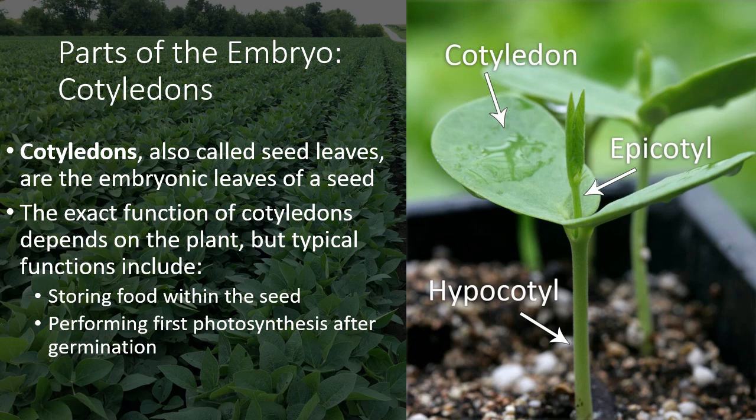The cotyledons typically have one of the following functions. They're either storing food within the seeds, as is the case with cotylospermous seeds, or they're performing the first photosynthesis after germination.